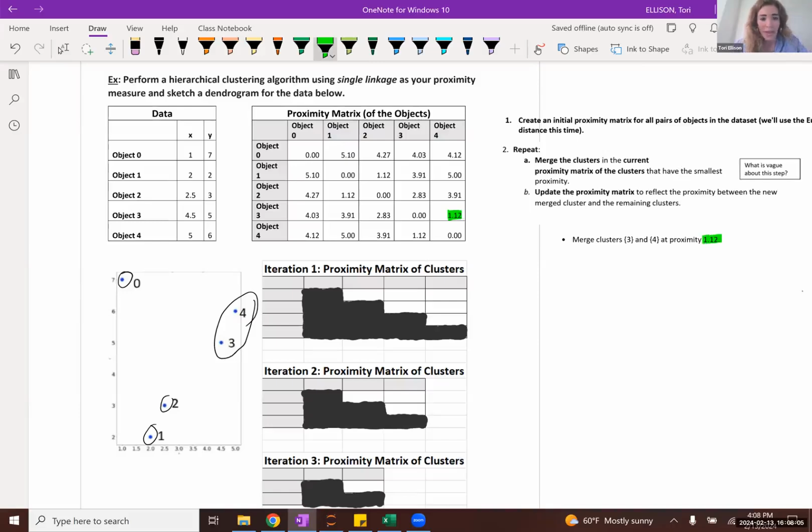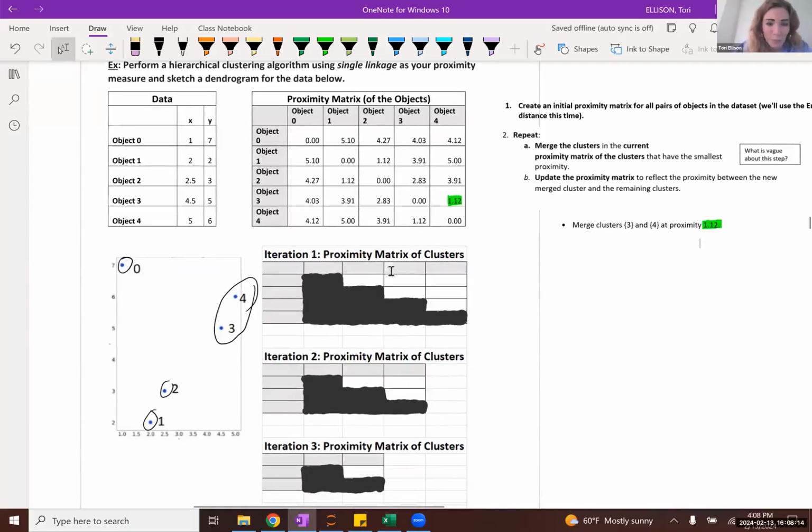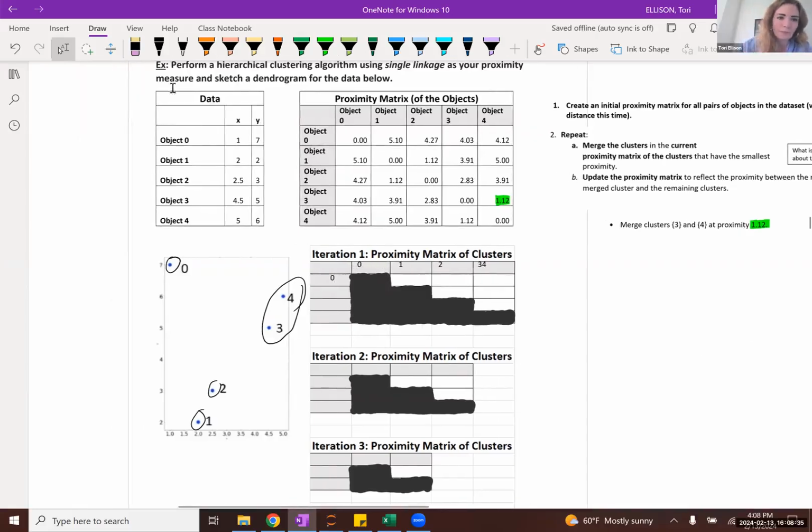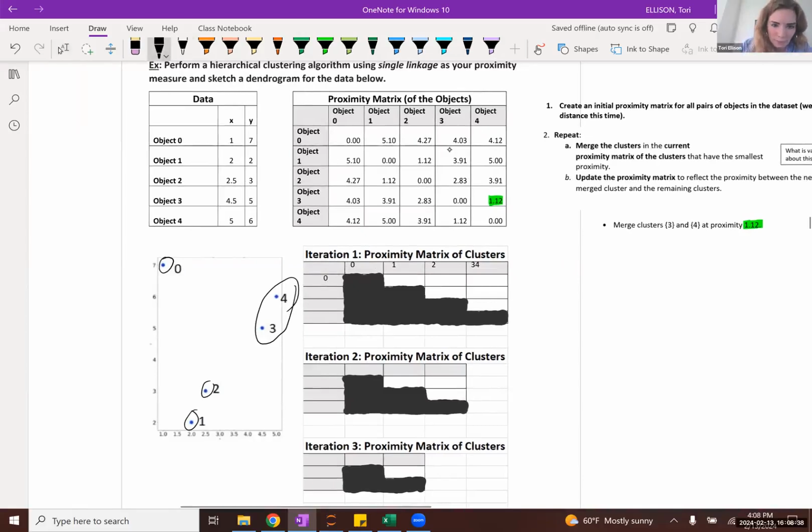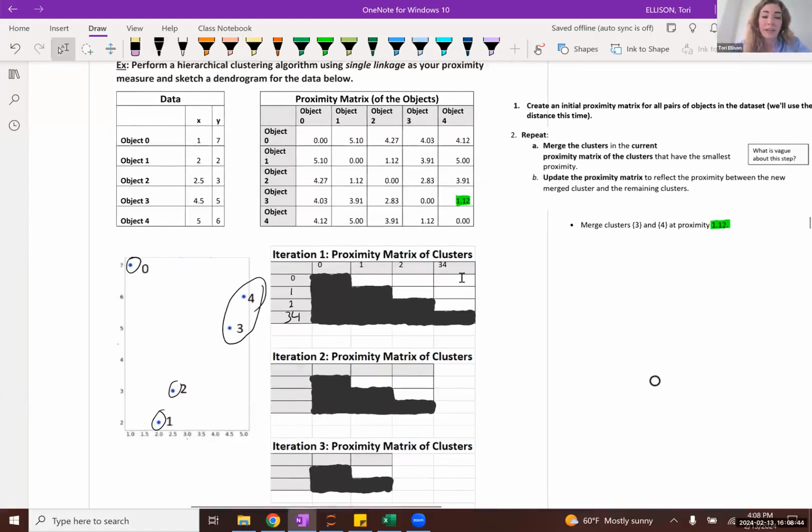All right. And so the next part of the given iteration of the algorithm is to update the proximity matrix accordingly. So now our current set of clusters are cluster 0, cluster 1, cluster 2, and cluster 3, 4. Okay. And so what we need to figure out is the distance between each of these new sets of clusters.